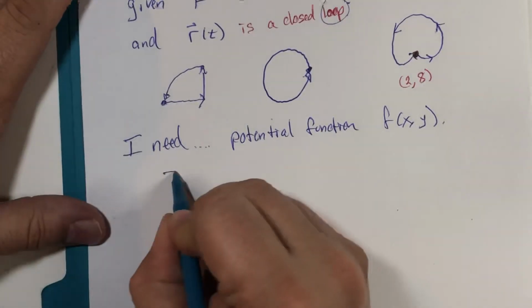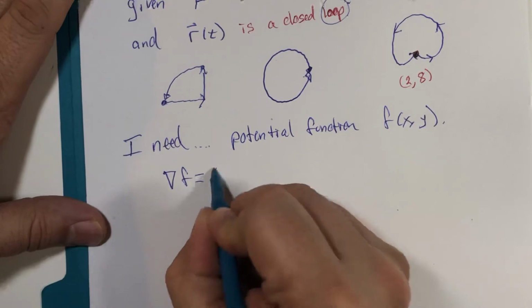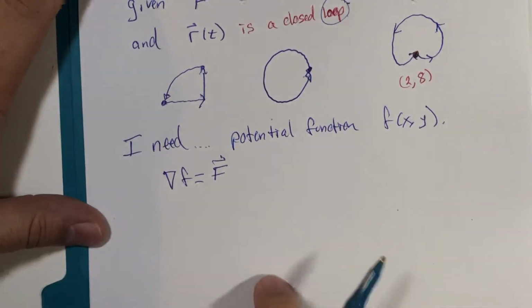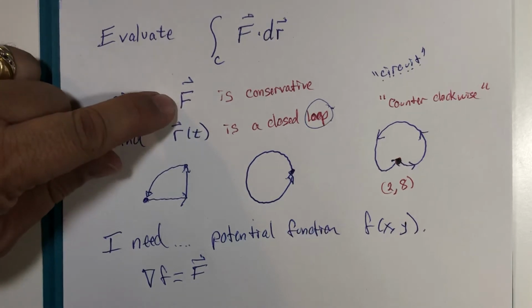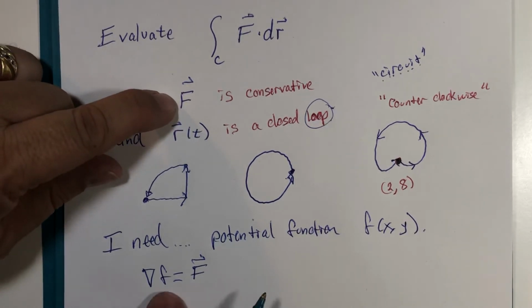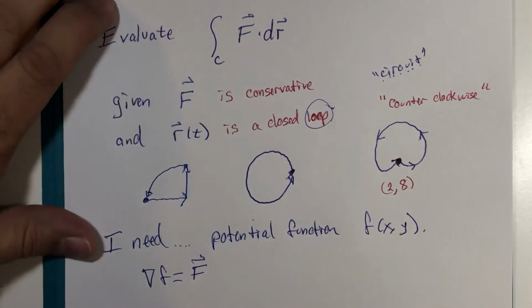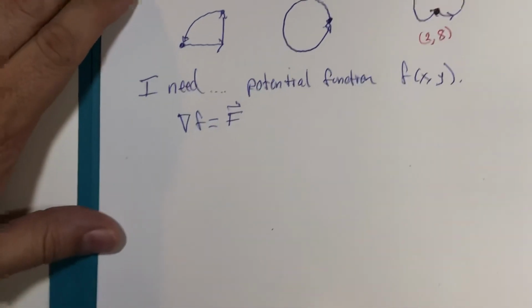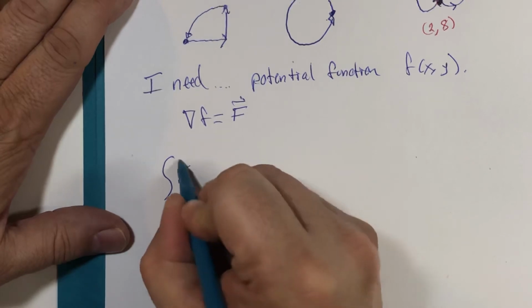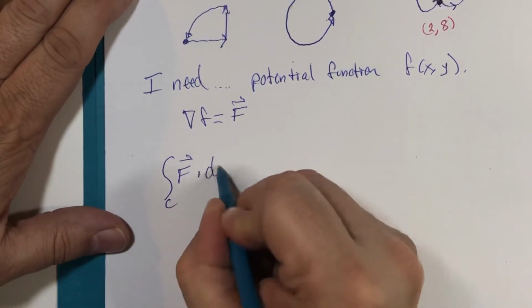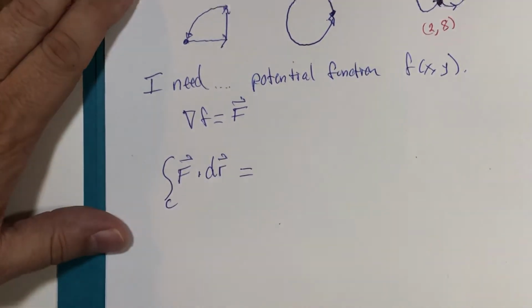We know that the gradient of f would be the vector field because that is what a conservative vector field is. The conservative vector field, the gradient of the potential function is the vector field. And according to the fundamental theorem, if all of that is true, there's a shortcut to evaluate.